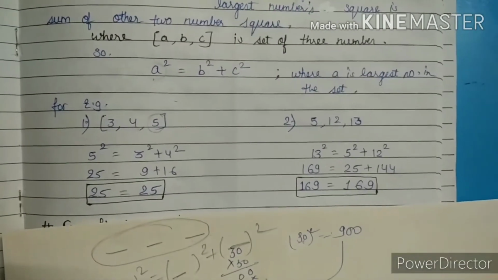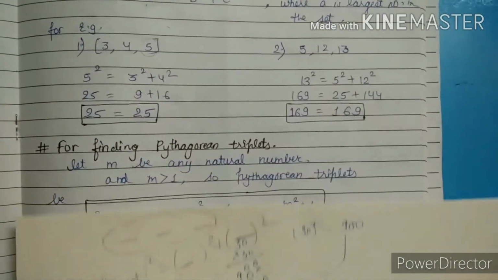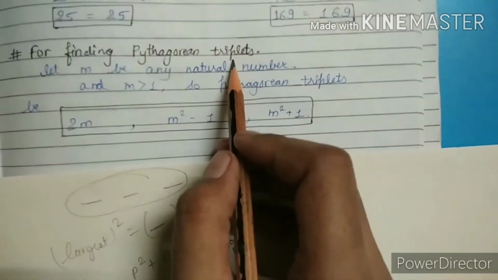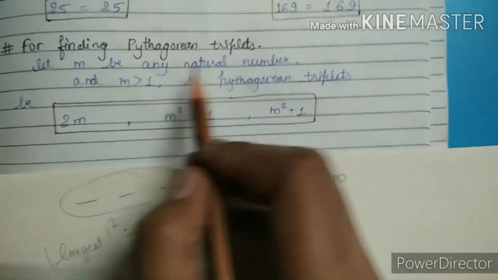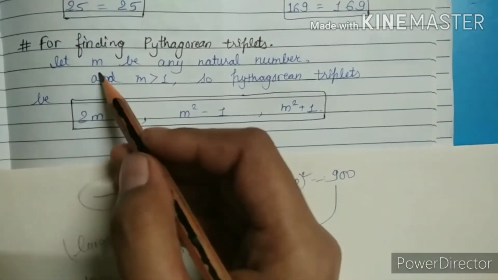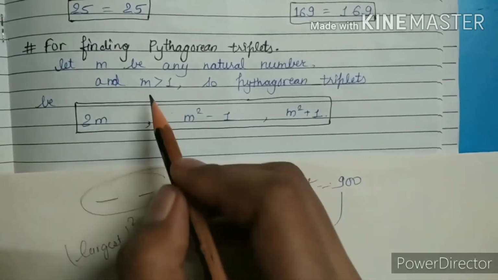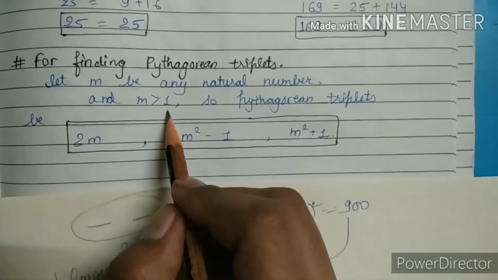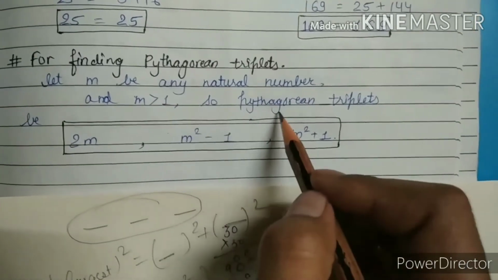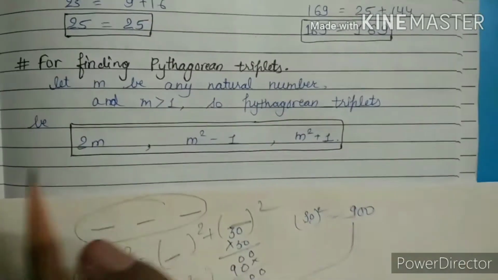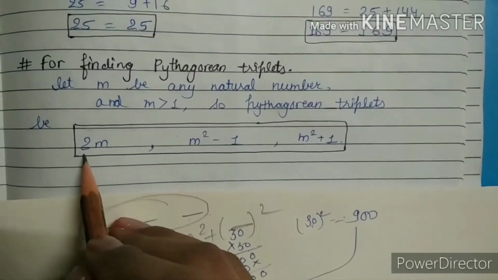Now how can we take the Pythagorean triplet? For finding Pythagorean triplets, let m be any natural number. We can take any natural number, but it must be greater than 1. So what will the Pythagorean triplets be? The first one will be 2 into m.